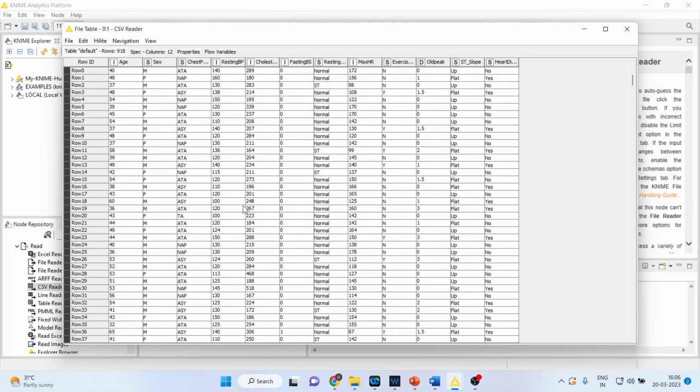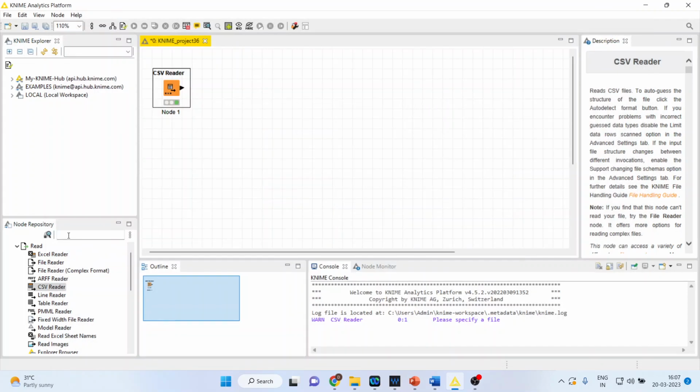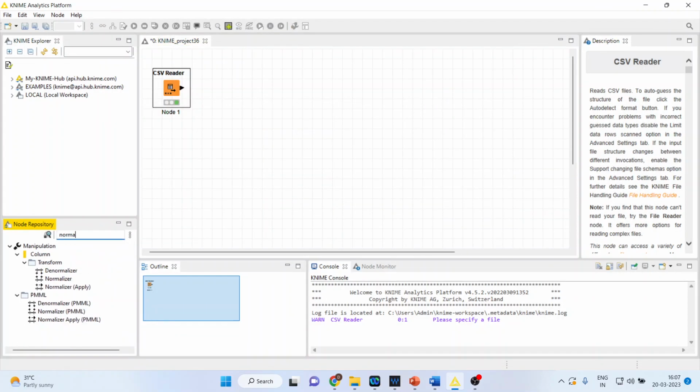So we have already discussed in the previous video that our dependent variable is heart disease, yes or no, which we want to classify on the basis of age, resting blood pressure, cholesterol, and maximum heart rate of exercise. As they are on different scales, we are using the normalizer for it.